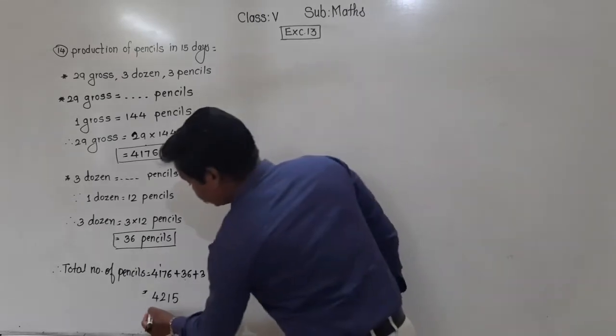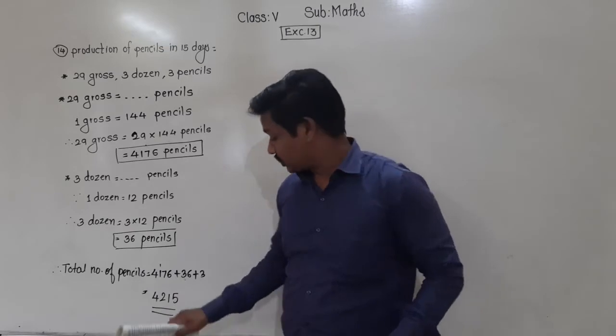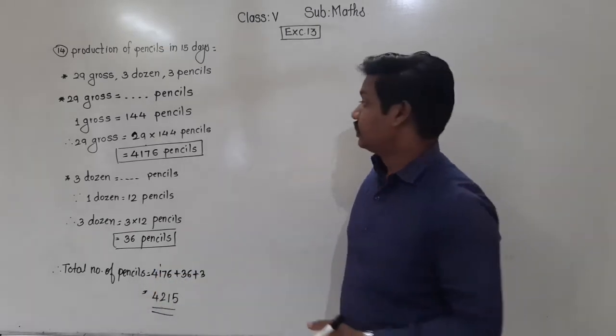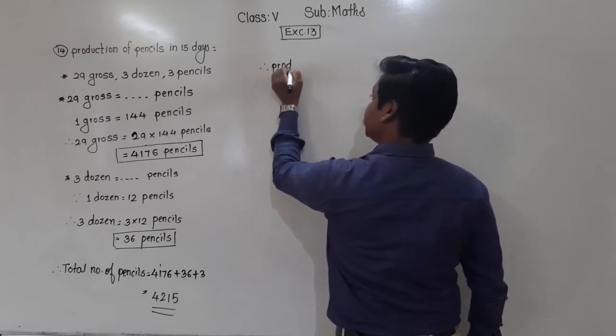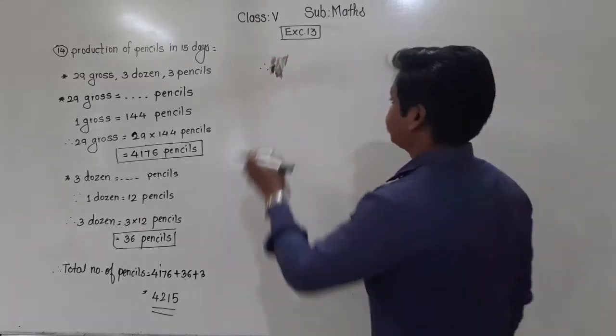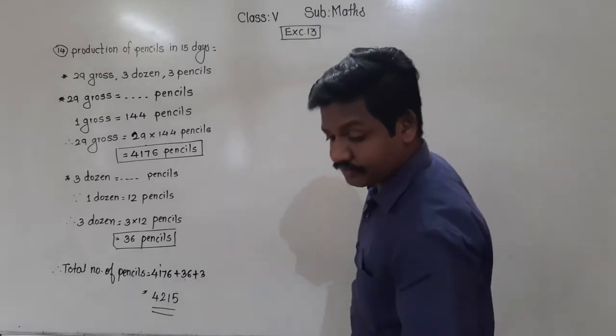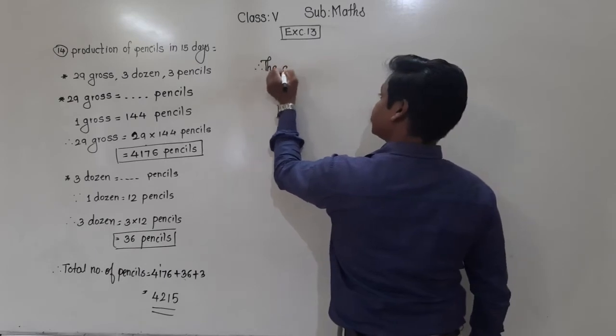So 4215. This is the production of pencils in 15 days. Now the daily production of pencils.